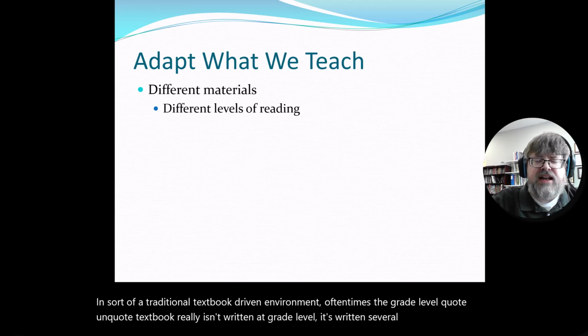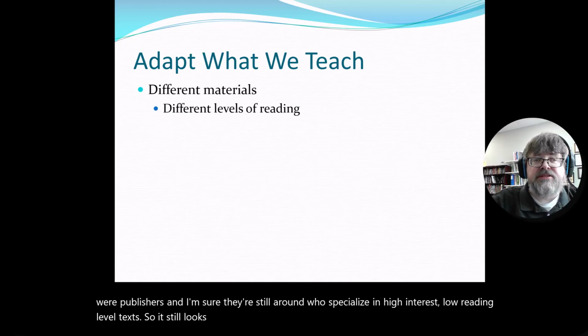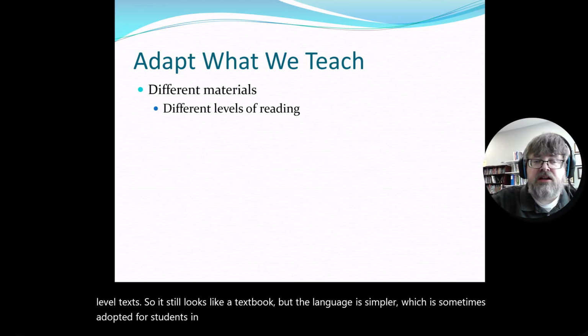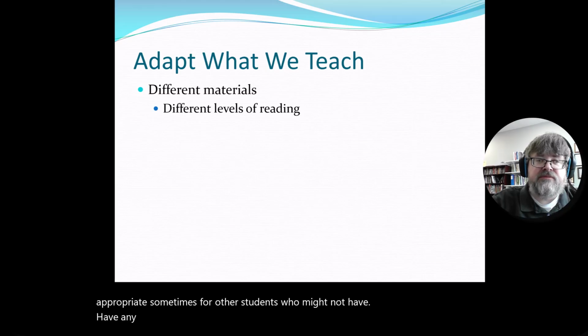There were publishers, and I'm sure they're still around, who specialize in high interest, low reading level texts. So it still looks like a textbook, but the language is simpler, which is sometimes adopted for students in special education, for students who are learning English, but is also appropriate sometimes for other students who might not have any label, but who still need an easier text to read.